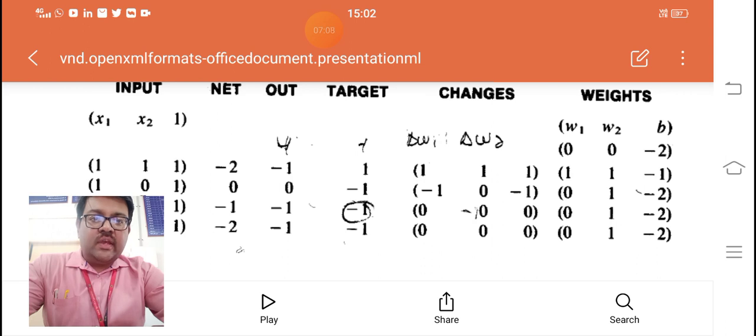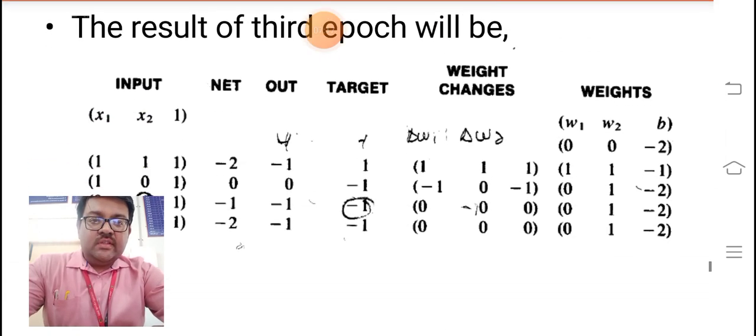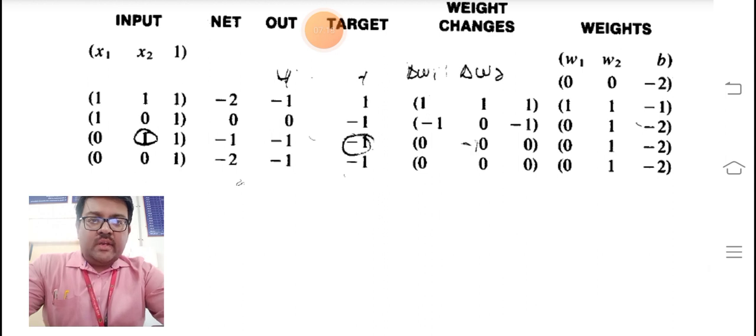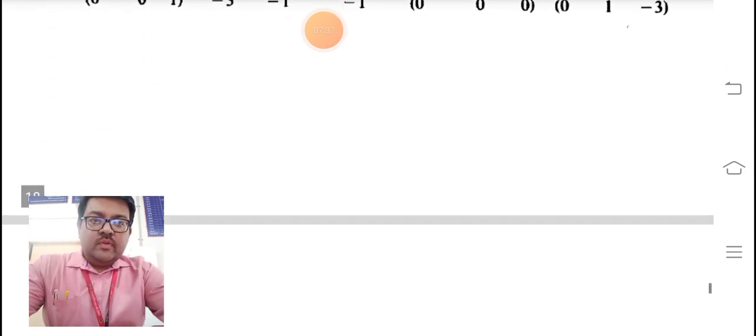After the third epoch we can see there is still a difference between out and target, which means there is an error. You can see in this picture: -1 is correct, no error. 0 -1, there is an error. -1, no error. -1, still there is an error, so it has to be continued.